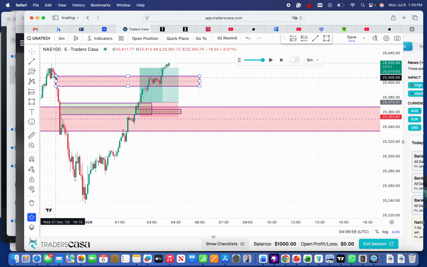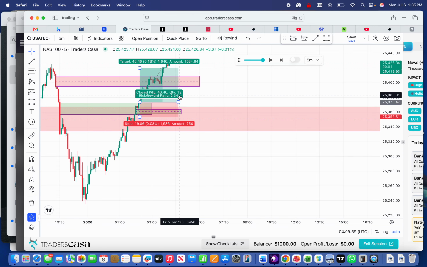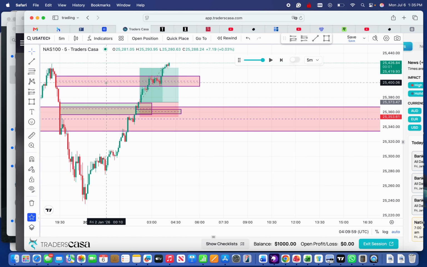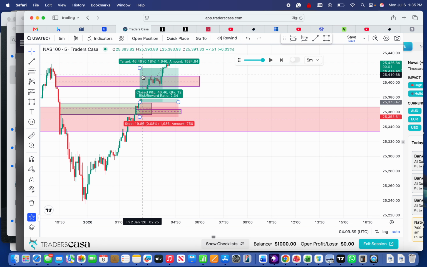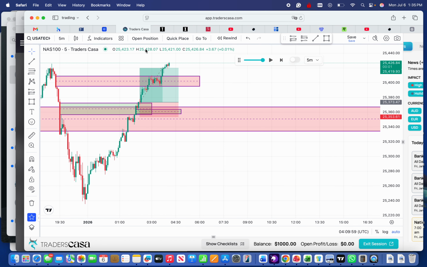Let's say this fair value gap is not even right here, and everything looks good, no drawdown on a trade. And then you go on ES, and there's a huge fair value gap about this big, you probably would not want to take that trade just because they're correlated indexes. ES could reject off of that huge gap and send NQ flying back down. So that wouldn't be a trade. You would rather wait for this gap to get inversed in order to take that trade.